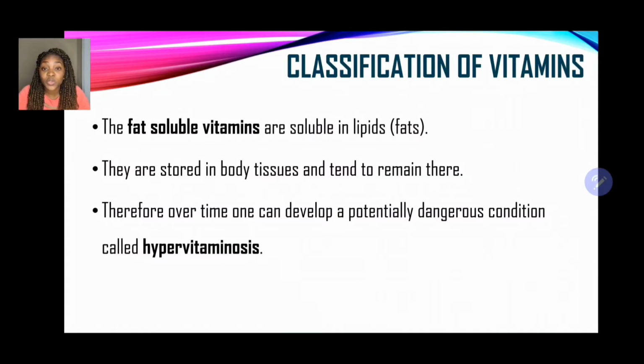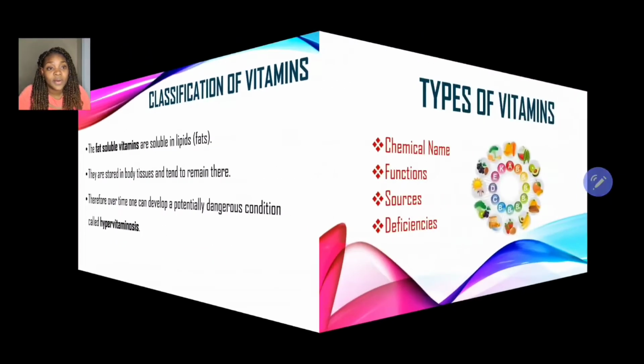They're excreted with whatever waste our body expels. But the fat-soluble vitamins are stored in body tissues and they tend to remain there. Therefore, over time, one can develop a potentially dangerous condition called hypervitaminosis. Okay? All right, guys.